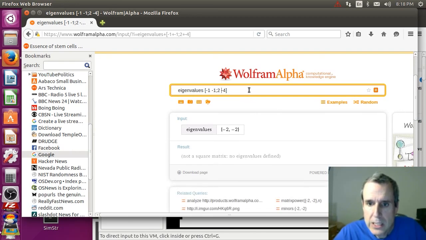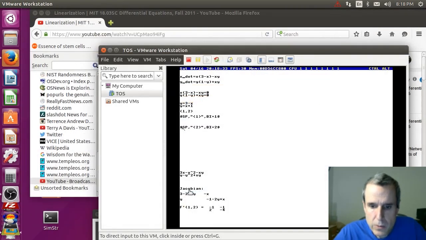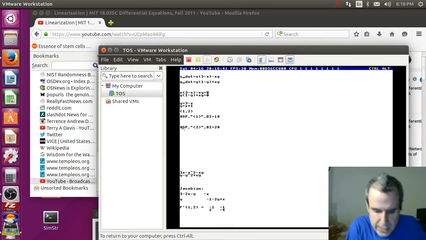Okay. Do we want the eigenvectors? No, I forgot. So that means it's stable, I guess. Is that what that means? It's a stable equilibrium? Okay.